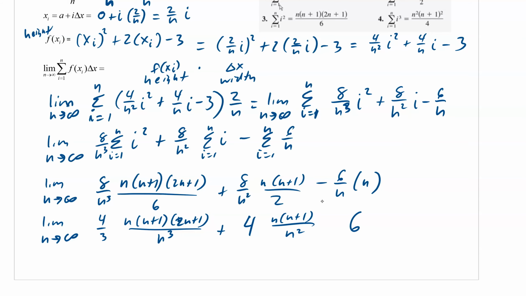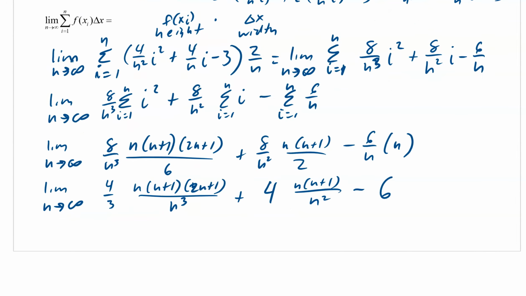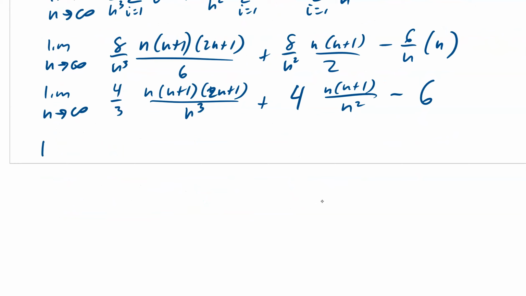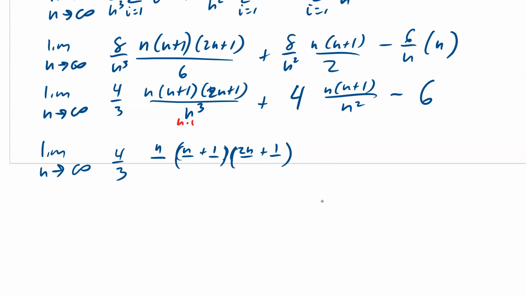That's a minus. Okay, so now we can distribute the denominator of n. So 4/3, and then again, it's going to be n over, plus 1 over, 2n over, plus 1 over. Like that. And then this is n times n times n.